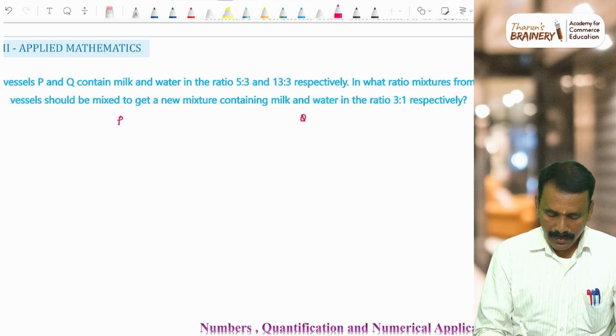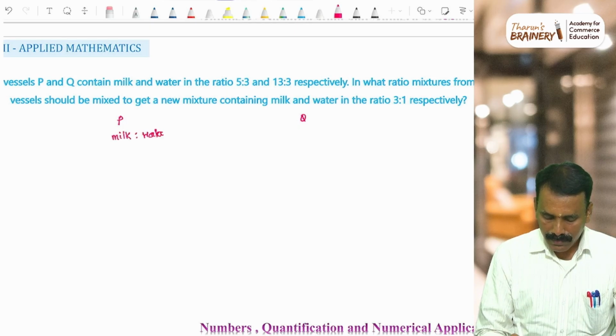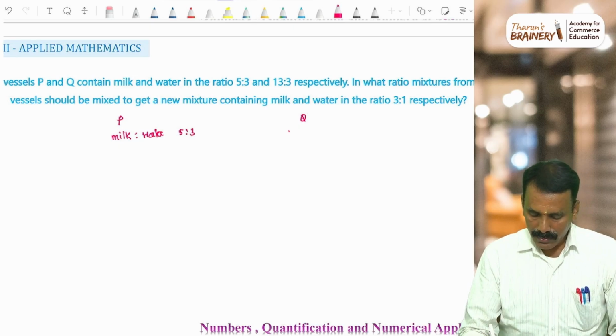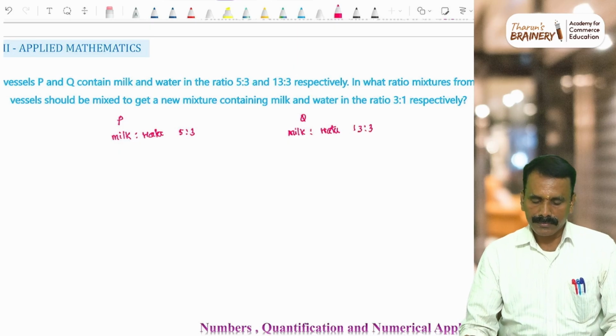In P, milk to water ratio is 5:3. In Q, milk to water is 13:3.